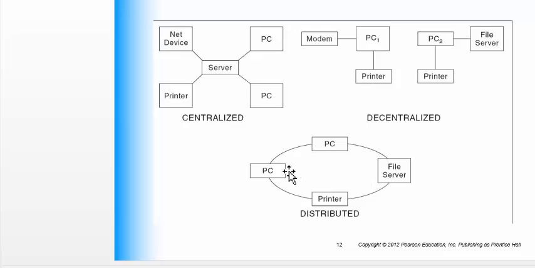The PCs can perform a lot of the front end office applications, so Word, PowerPoint, Excel, and all of that can be done on the PC. But then the large applications, the enterprise applications, reside on the server.